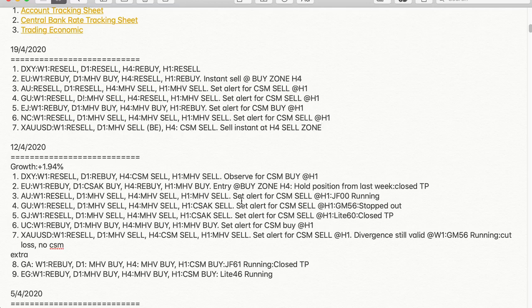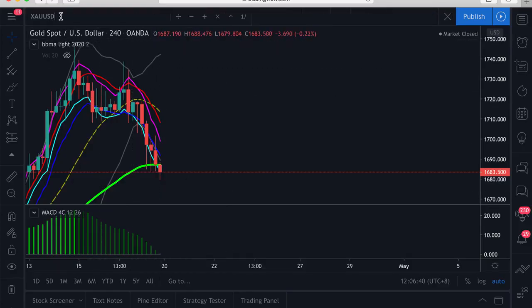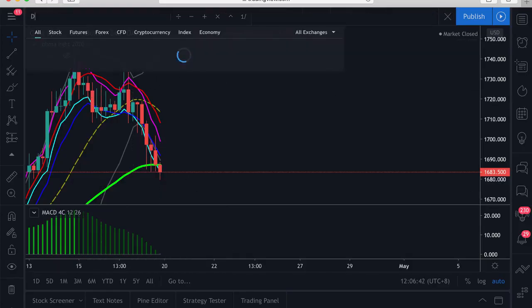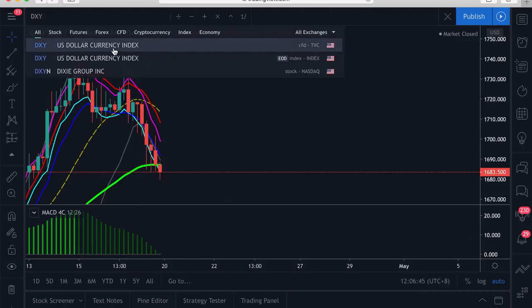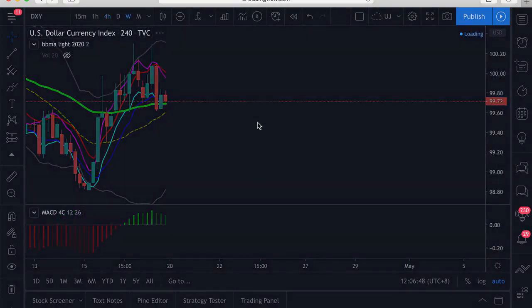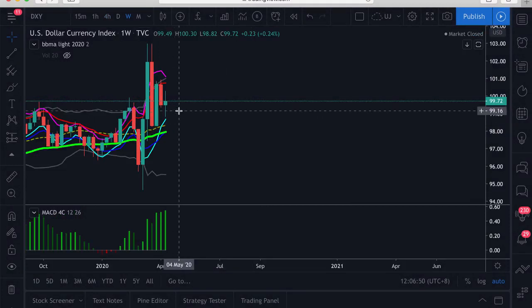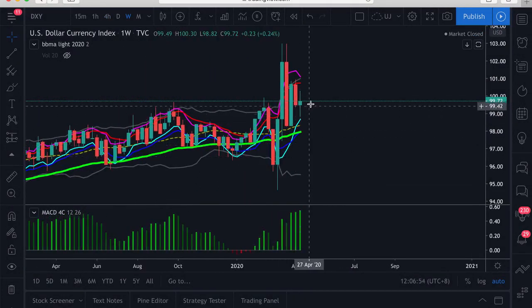Let's go for this week's trade setup. We start by looking at the DXY, the USD currency index. As usual, in weekly, we can see this is a very indecisive price action.